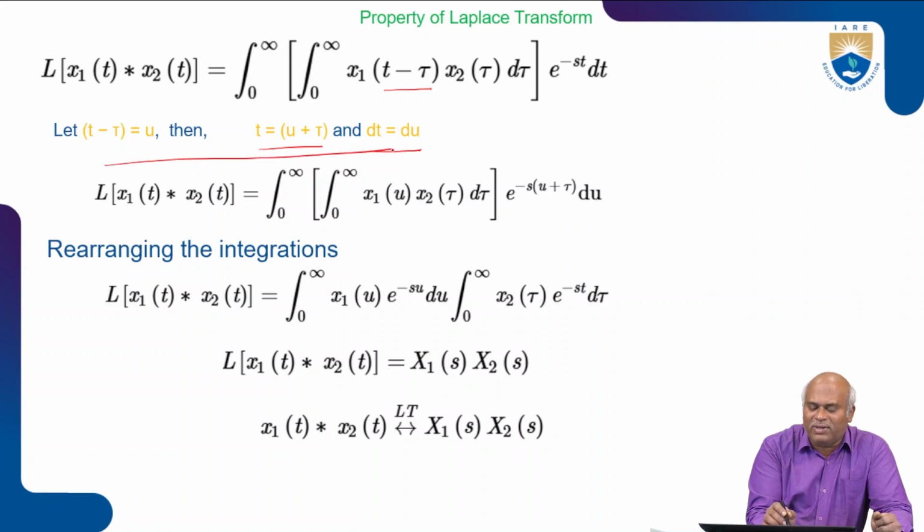So we can substitute all these values into the equation. Then the Laplace transform of x1 of t convolution x2 of t is equal to the integration from 0 to infinity of x1 of u, then x2 of tau d tau, e power minus s times, instead of t, u plus tau, du. Then rearranging the integration, this equals the integration from 0 to infinity of x1 of u e power minus su du, times the integration from 0 to infinity of x2 of tau e power minus s tau d tau.